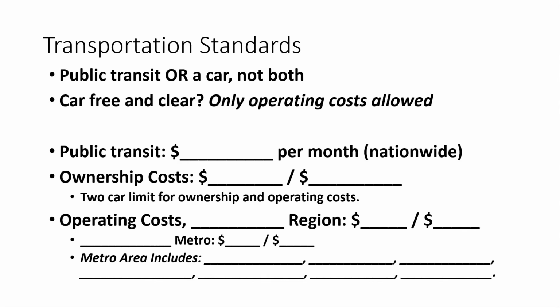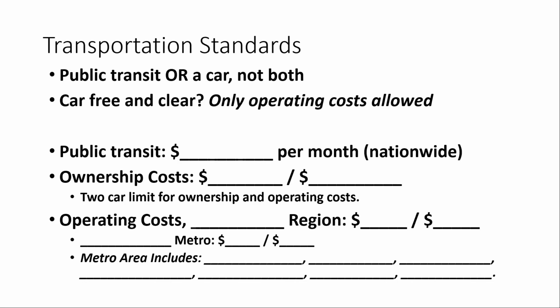So just to fill in some numbers here, the current national standard for the monthly public transit allowance is $217. This is a standard that the taxpayer is allowed to claim if they don't own a car.